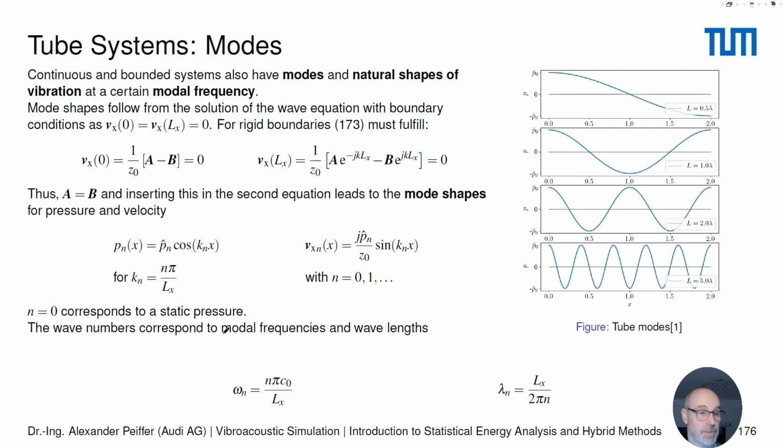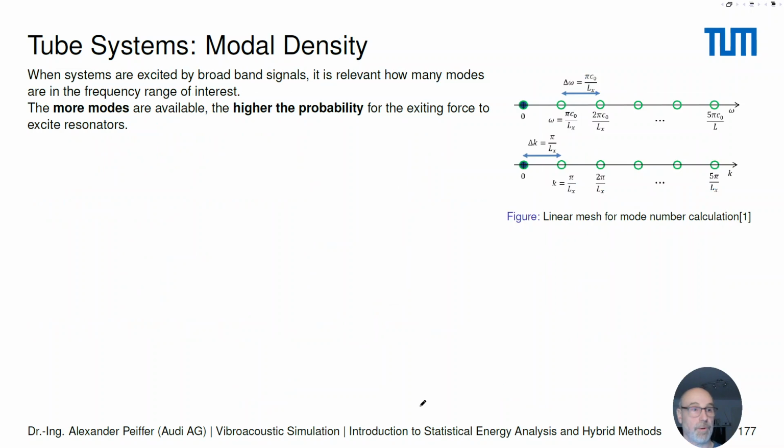So the wave number could also correspond exactly to modal frequency, and the modal frequency would be like this, and the wavelength corresponding to all the modal frequencies would be like this. Good. So this is the normal classical solution.